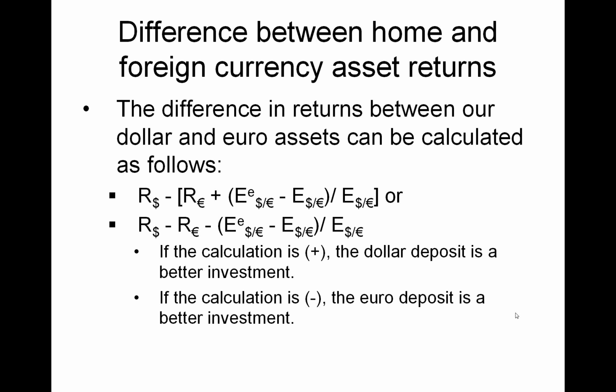Or we can write this as R subscript dollar minus R subscript euro minus the rate of depreciation. If this calculation is positive, this means that the dollar deposit is a better investment. If the calculation is negative, this means that the euro deposit is a better investment.